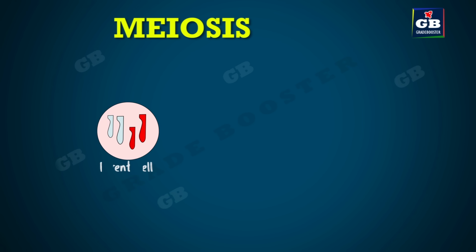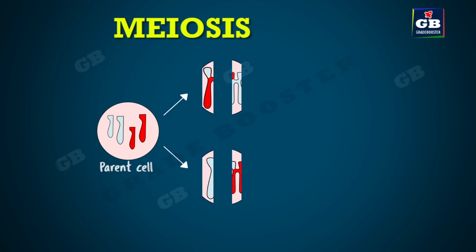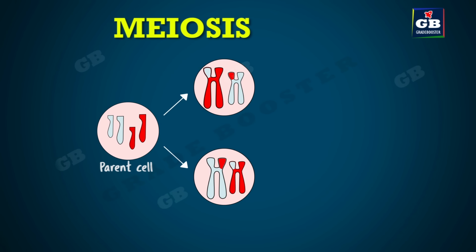In meiotic division, first the parent cell divides into two daughter cells that have the same number of chromosomes as their parent. That means if the parent has 46 chromosomes, then the daughter cells also have 46 chromosomes. But this is not the end of meiotic division.